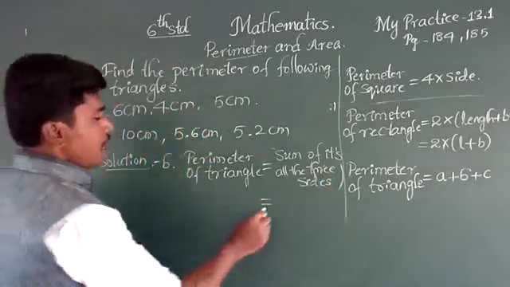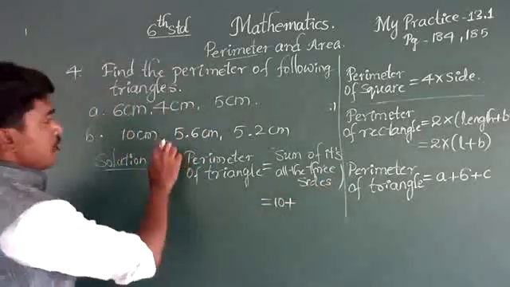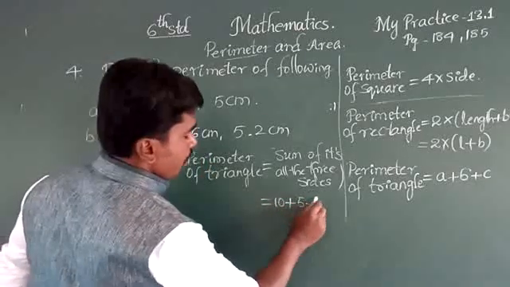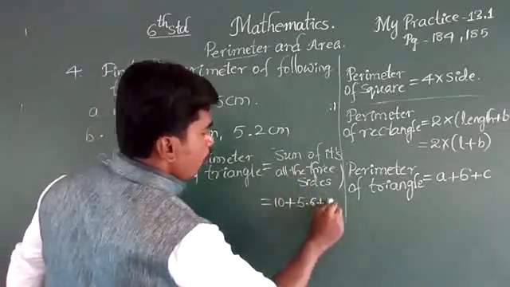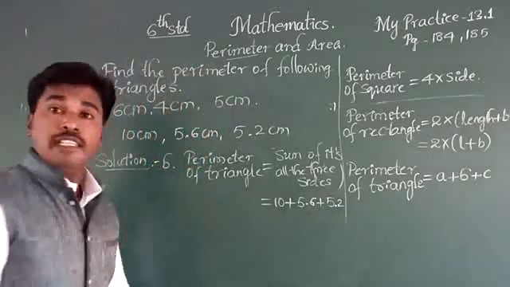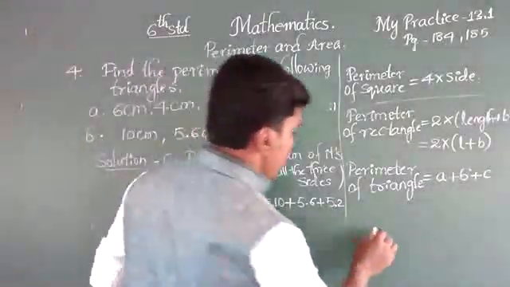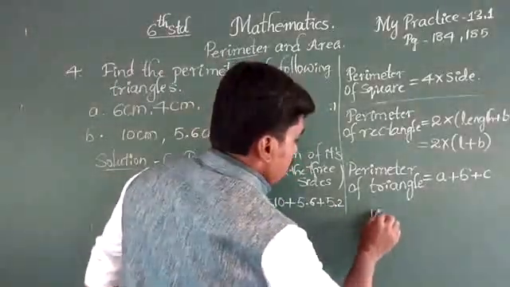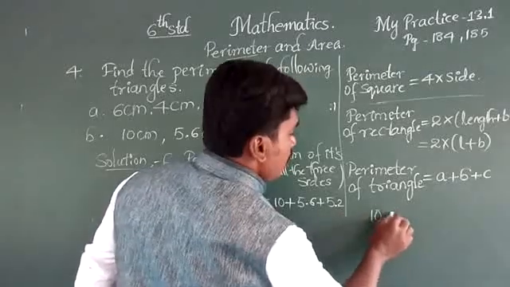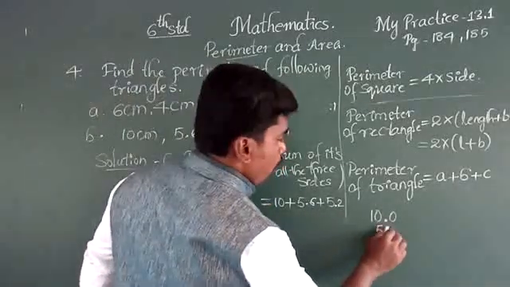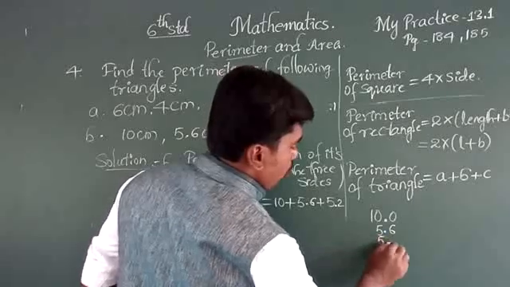So what is the first side? 10 centimeter. The second one is 5.6 plus the third one is 5.2. If it is a decimal value, you write it on the side, that is 10. If it does not have a decimal, 10.0, 5.6, 5.2.